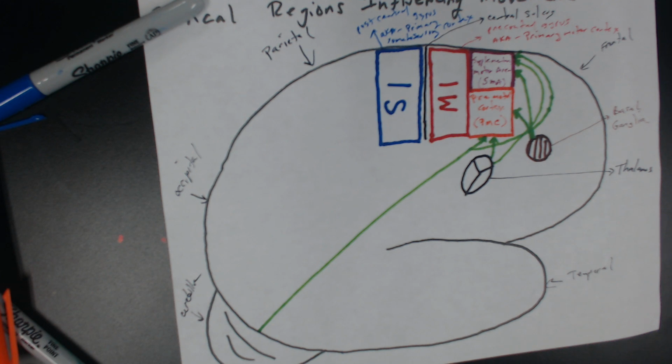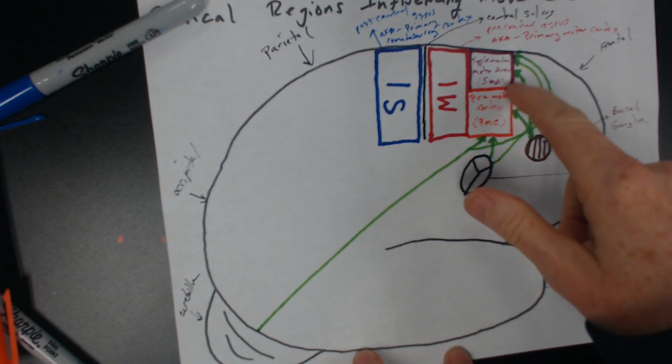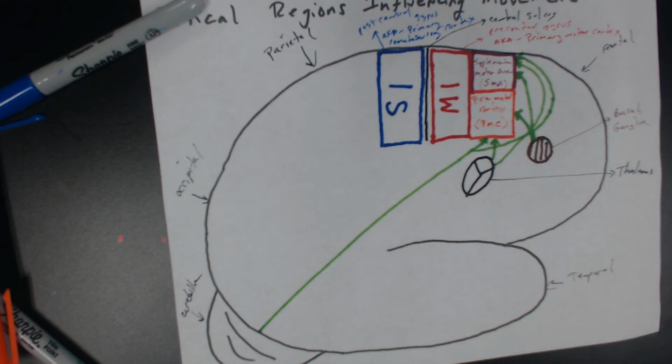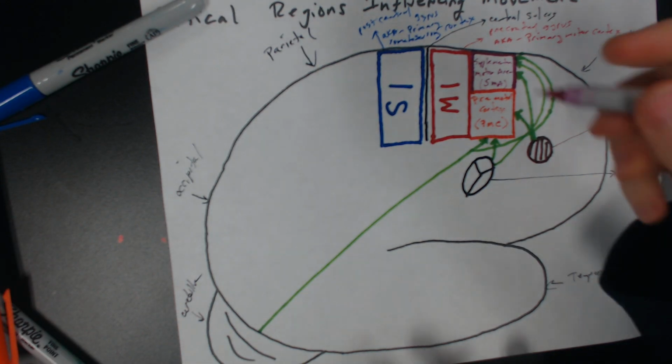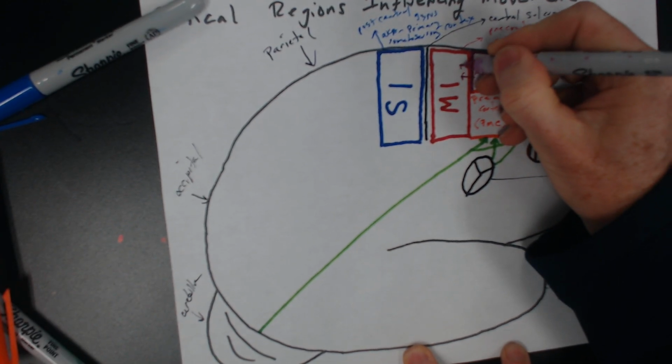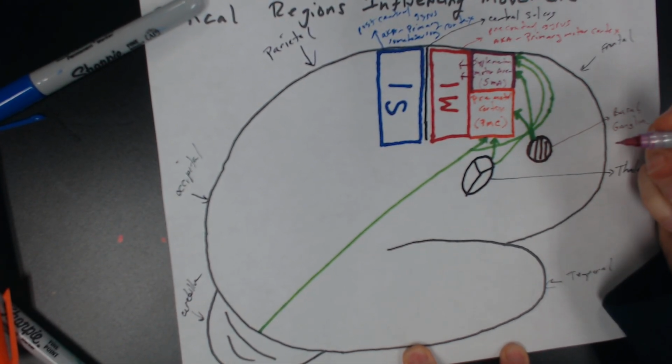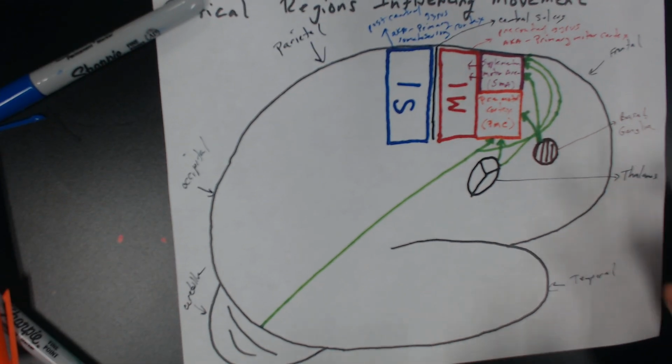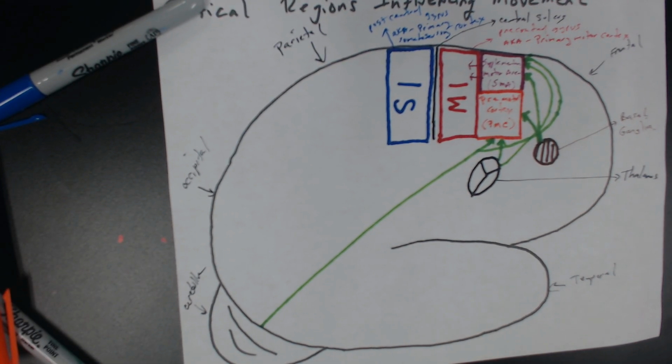All that information is coming into the premotor cortex and the supplementary motor area, which make sense of that information and then send information over to M1, where the upper motor neurons reside. They're basically saying it's either safe to move or it's not safe to move.